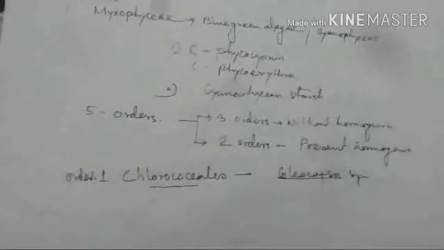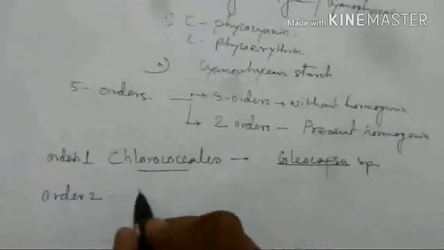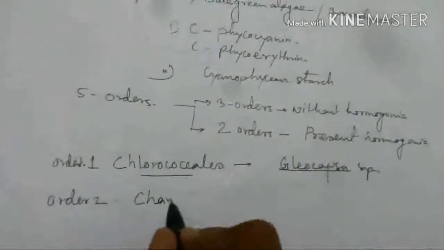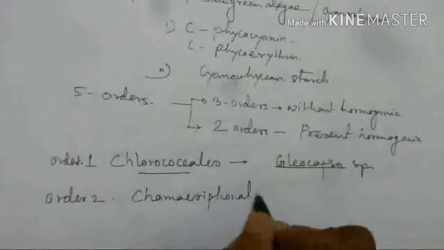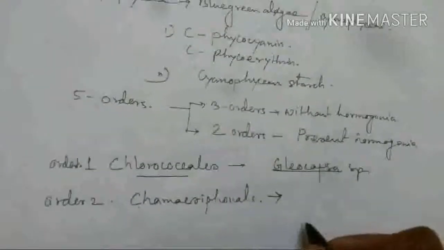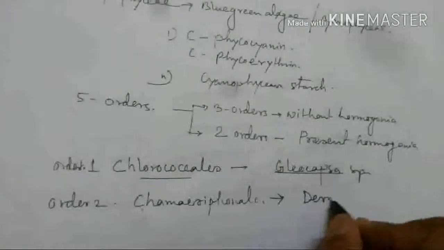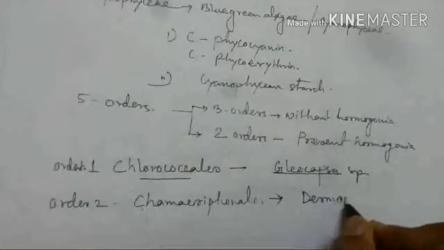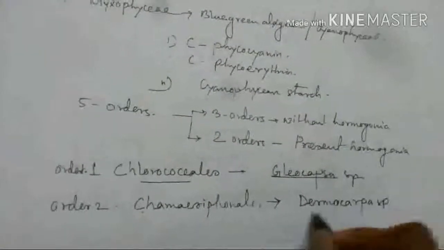Now the second order is Chamaesiphonales, and an example of this order is Dermocarpa algae.